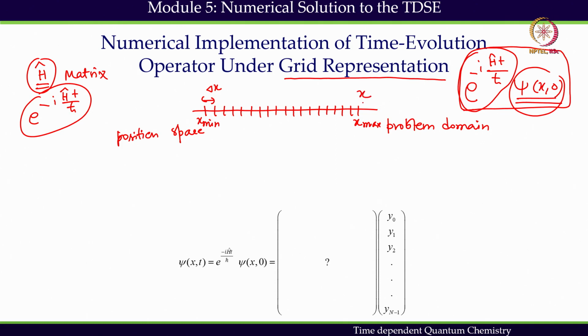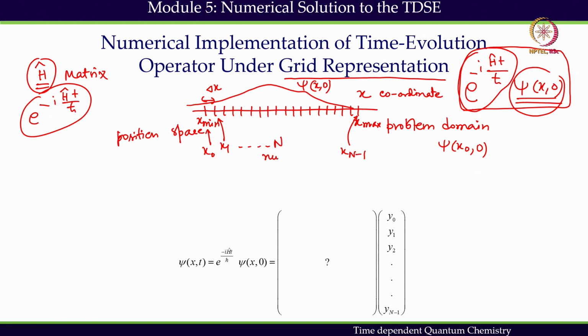So, this is called the x grid. Because I have the x coordinate as the position space, we are dividing the entire x coordinate into very small intervals. If I have a wave function like this at time equals 0, psi x 0, then I can write its values on the grid. The first point is x 0, then x 1, and so on, up to x n minus 1 if I have n grid points.